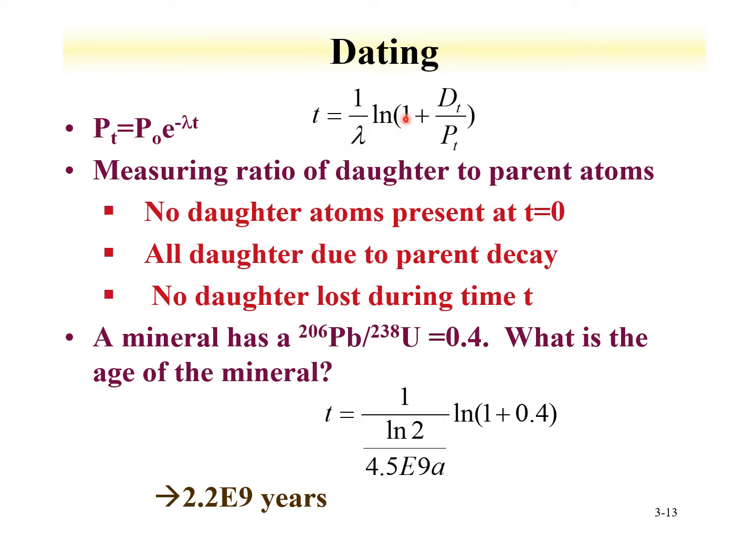So we can just take those values: at time 0 the daughter is not present. At time t, the ratio of daughter to parent is 0.4. So this becomes the inverse of the decay constant times log of 1.4, and you get 2.2 billion years.